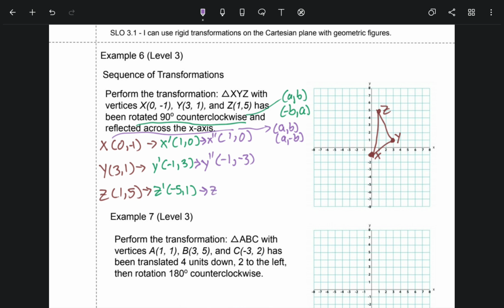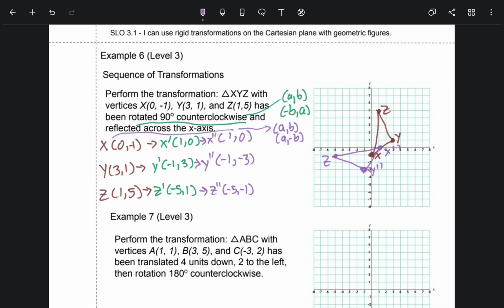So Z, -5, 1 will become -5, -1. And we've done our transformations. Now we plot our points. So 1, 0 goes right here. -1, -3 goes right here. And -5, -1 will go right here.